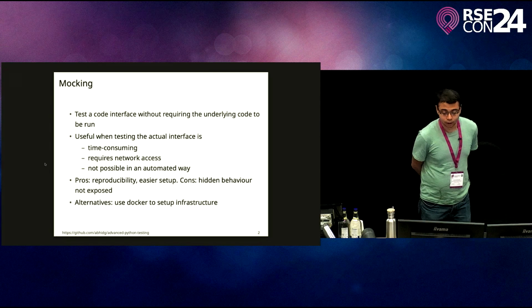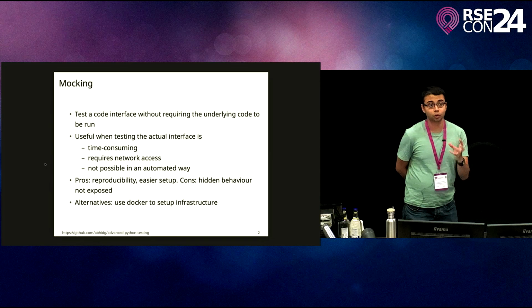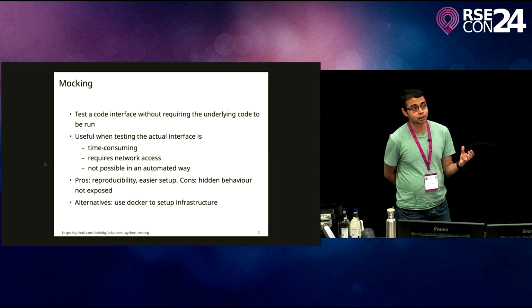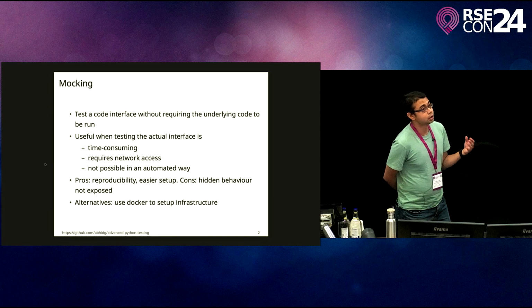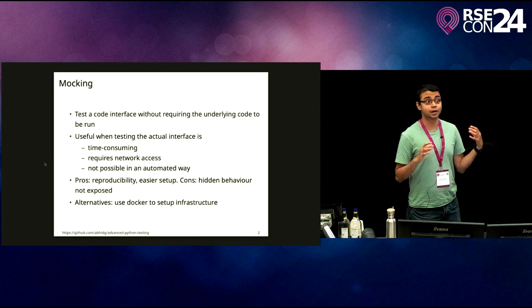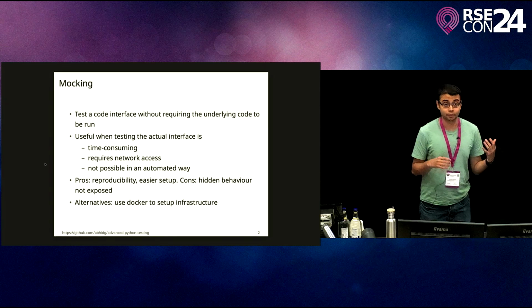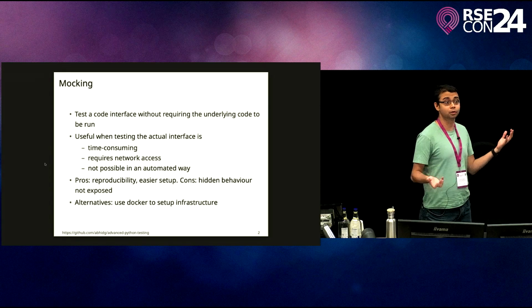as well. So the pros of mocking is, of course, you get reproducibility. You have full control over the mocked object, which means that you don't rely on external factors. The cons, of course, is that it is ultimately a mocked object, which means it might have hidden behaviors, like maybe the API returns temperature in Fahrenheit on full moons.